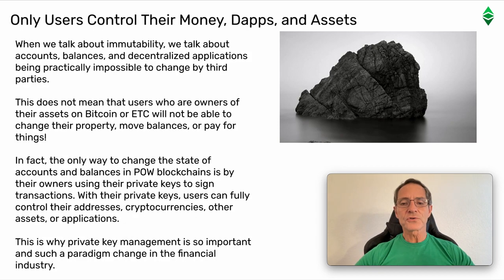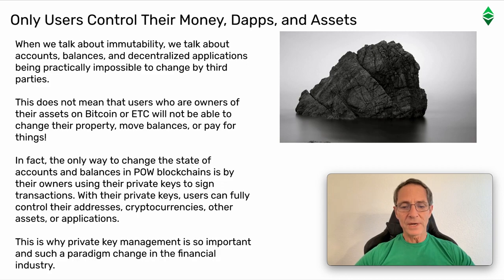Only users control their money, dapps, and assets. When we talk about immutability, we talk about accounts, balances, and decentralized applications being practically impossible to change by third parties. This does not mean that users who are owners of their assets on Bitcoin or ETC will not be able to change their property, move balances, or pay for things.